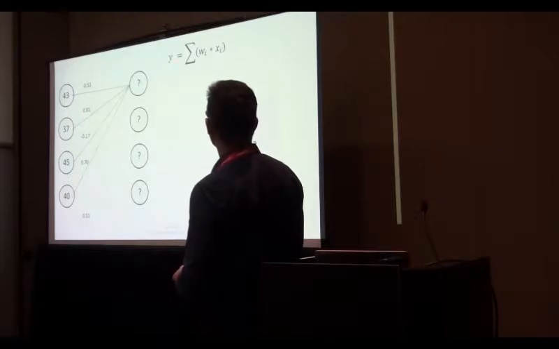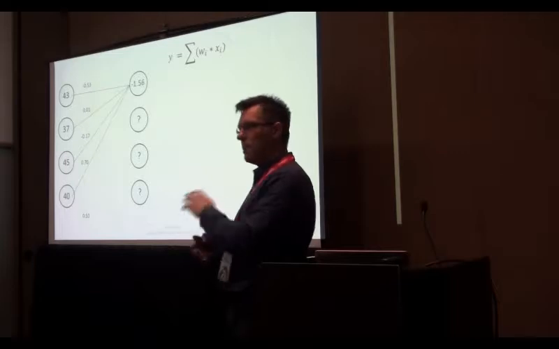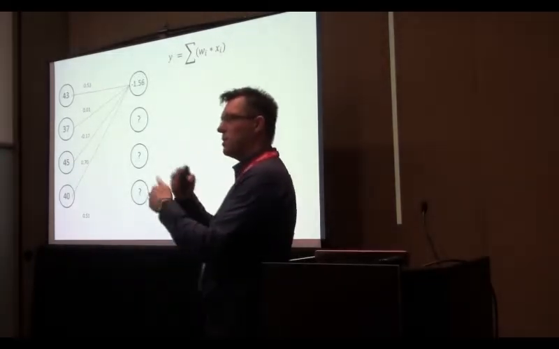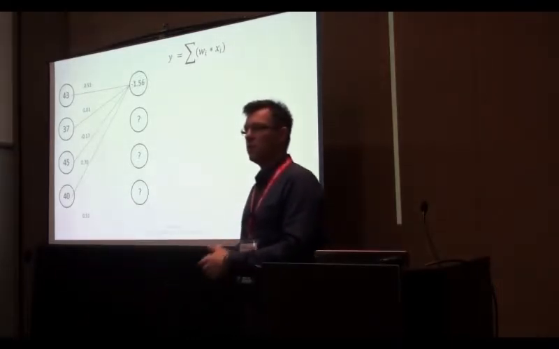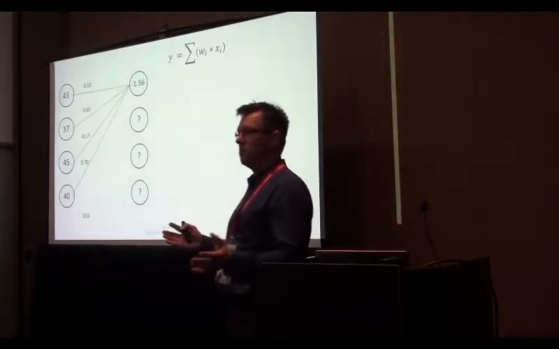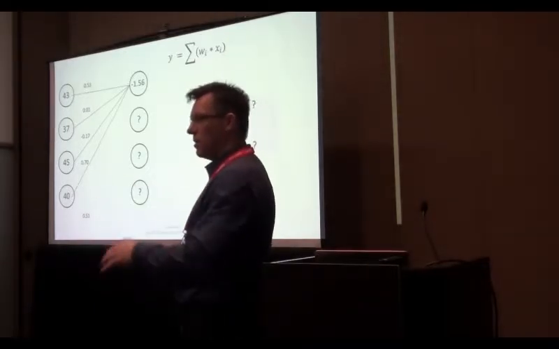We apply this formula, and we get the result. So that's the first step. Now, by itself, that wouldn't be enough, because if we just use linear combination of inputs, it turns out we can't do anything interesting. It's just going to be a linear function, and we know the linear function isn't going to do anything. So we have to apply nonlinearity, a nonlinear function on top of that.